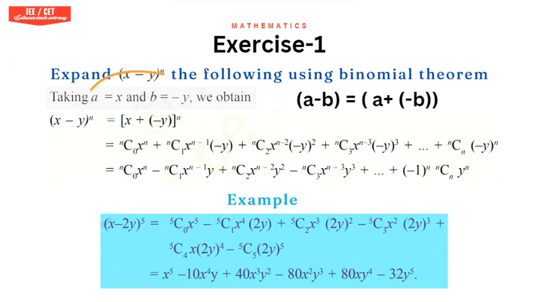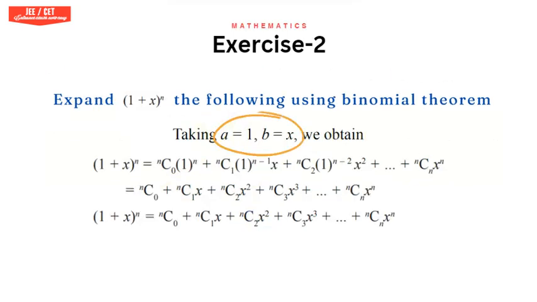Note that a and b are variables and we can replace them by any value that we want to expand. For example, if you want to expand (x minus 2y) raised to 5, substitute a equal to x and b equal to minus 2y in the expanded form as shown in the diagram.